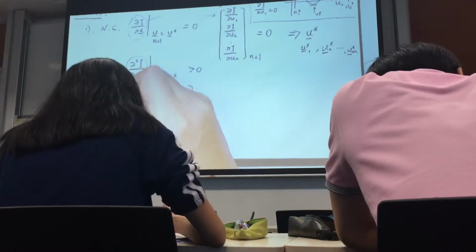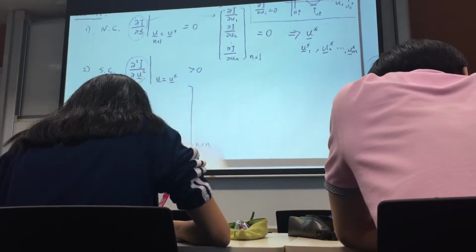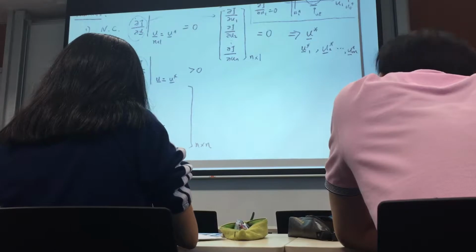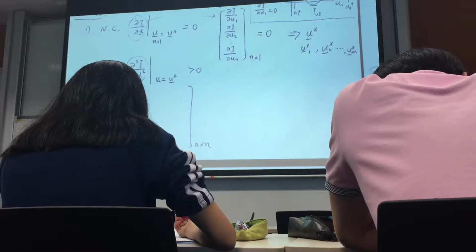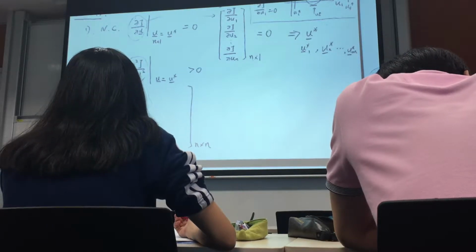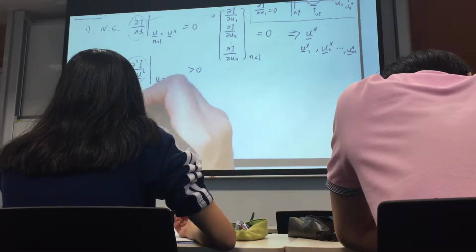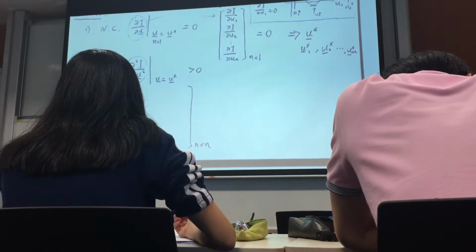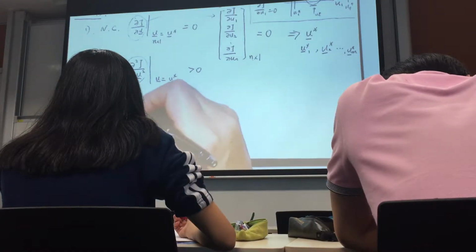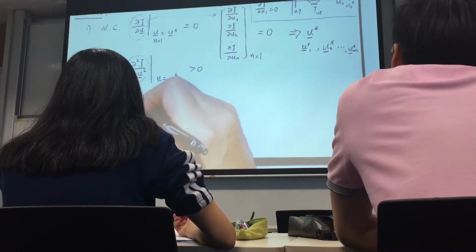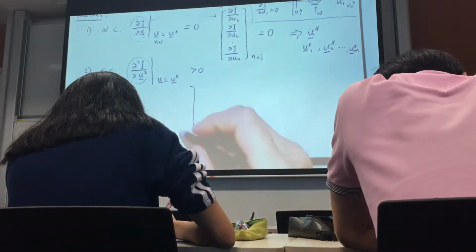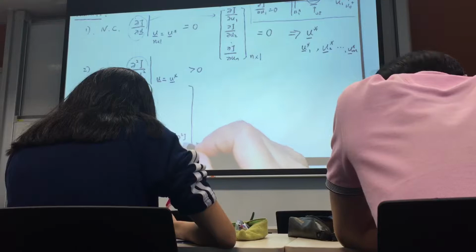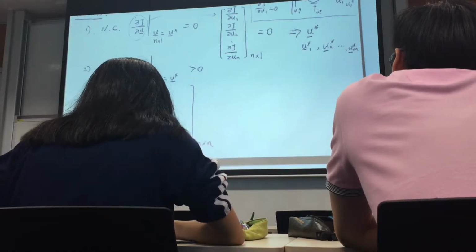The first element is d squared J d u1 squared. J is a scalar, u1 is a scalar, so you know how to evaluate this. It's just a normal second derivative. And all the diagonal elements will be d squared J d u2 squared, up to d squared J d un squared.